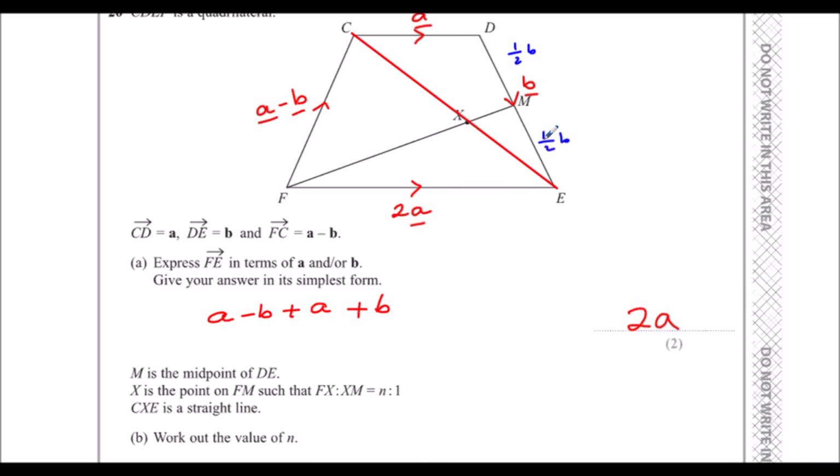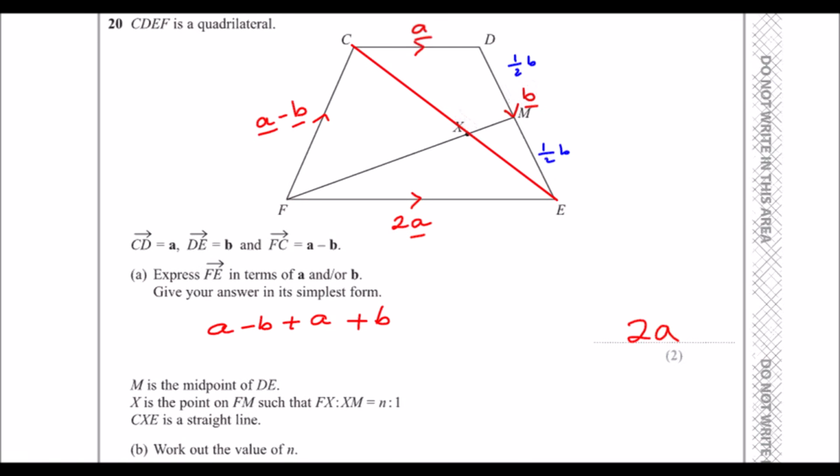What we're going to do is take two different routes of getting from F to X. We can either go part of the way along the F to M line, or we can go up to C and then part of the way along the C to E line. When we've got two routes to get there, those two routes must be equal, and we'll use that to find out how far it is along the line.